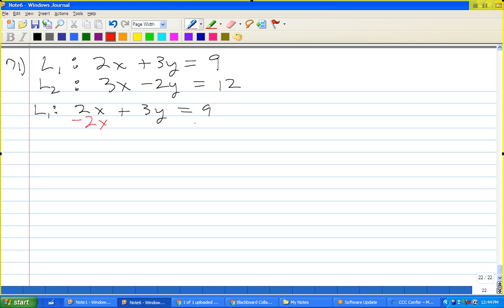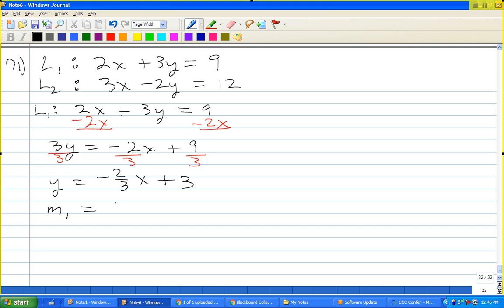Subtract 2x from both sides of my equation. So I have that 3y equals negative 2x plus 9. Divide both sides of my equation by 3. So y equals negative 2/3 x plus 3. So the slope of the first line is negative 2/3.